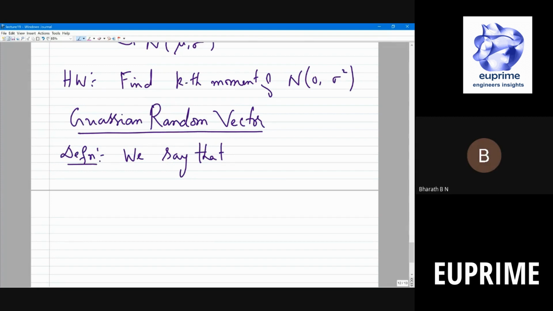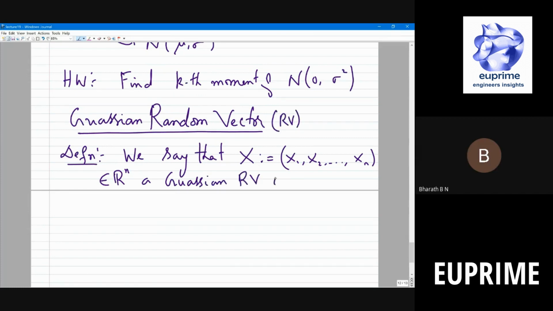Okay, I'll do that. We say that x, defined as x1, x2, etc., xn belonging to Rn, is a Gaussian random vector, RV for short, with zero mean and identity covariance, n cross n covariance.